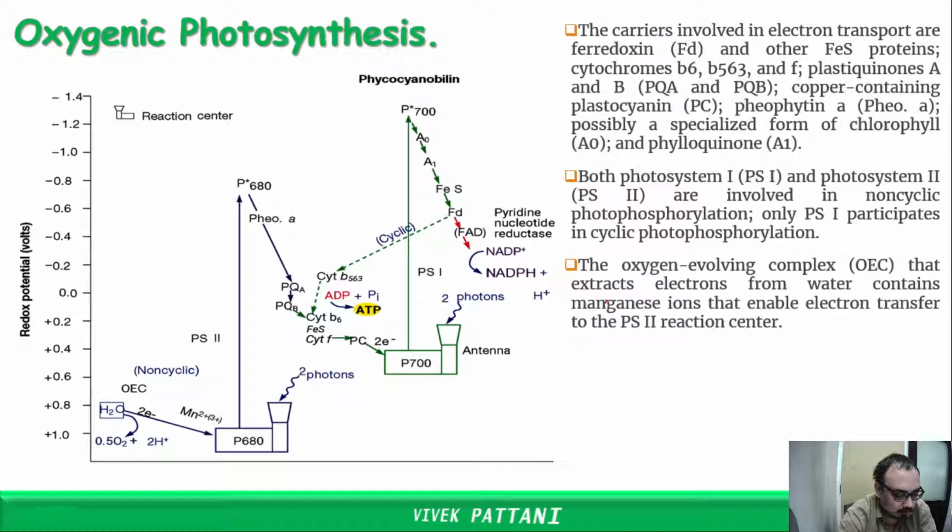So in oxygenic photosynthesis, two pigments are placed in series, and they are basically photosystem 1 and 2.